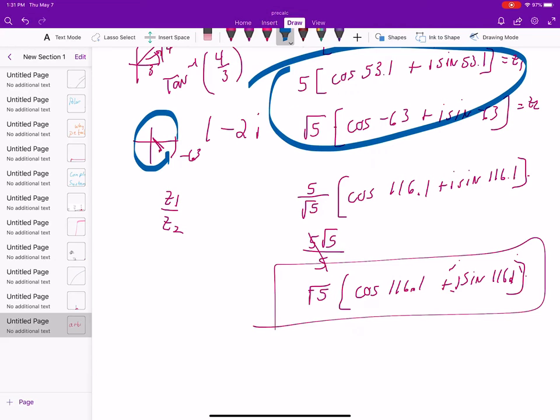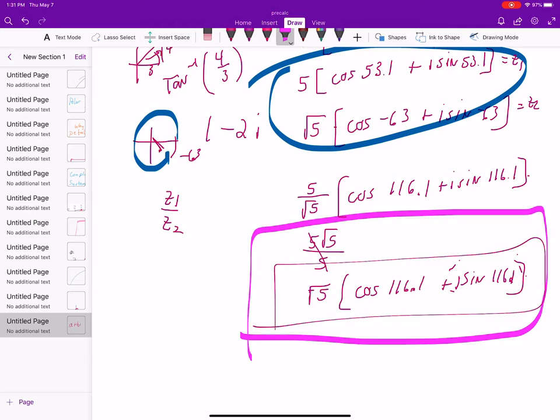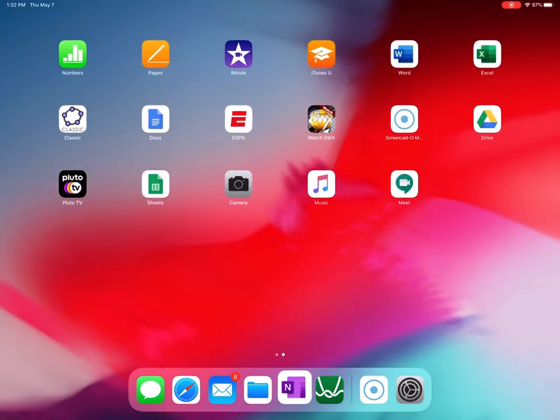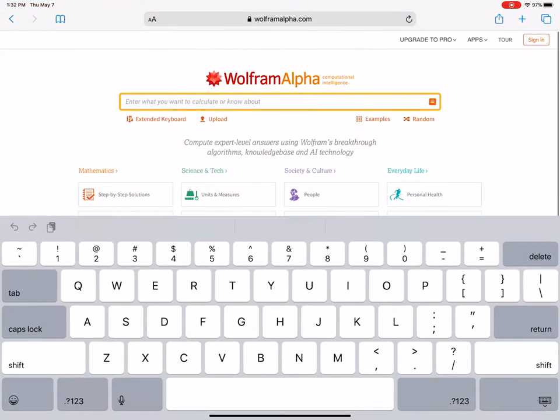Let's take this guy right here and put that into Wolfram Alpha and see if we get the same answer that we did on top when we did the division. That'd be a great way to check it out. So I'm basically answering 3 questions for you. Let's go into Wolfram Alpha. I've got that loaded up already. Here it is. So I just need to type that in.